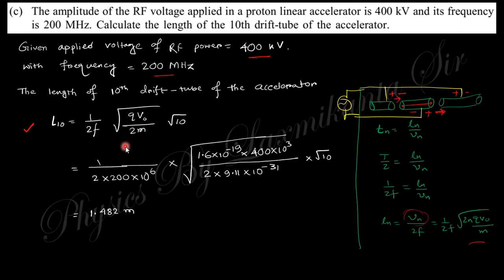I think there is a mistake. Yes, this is a mistake, this 2 is here, so just correct this one. This 2 is here, so what happened is there is a 2 and this 2 is not here.